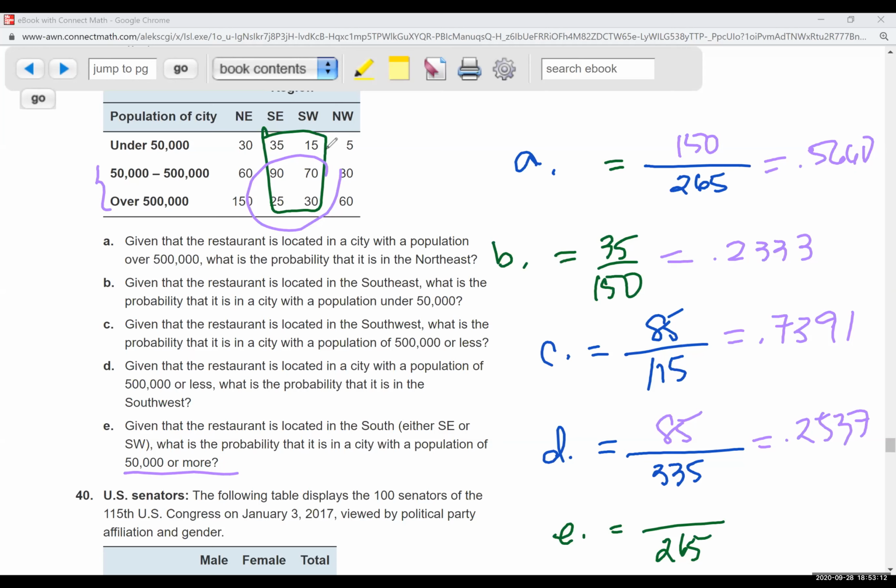So yeah, those, 90, 70, 25, 30. So that is 215. And when you divide that, that is 0.8113.